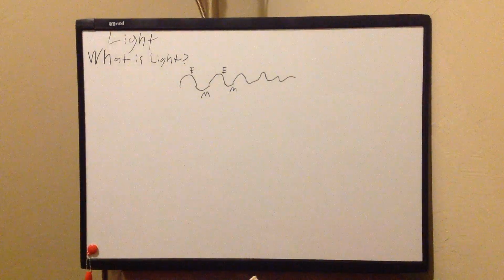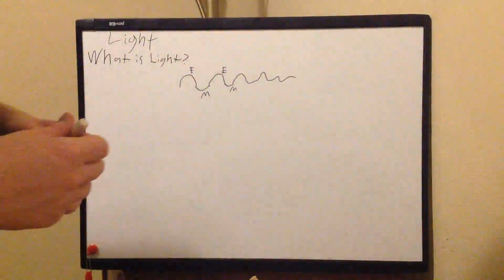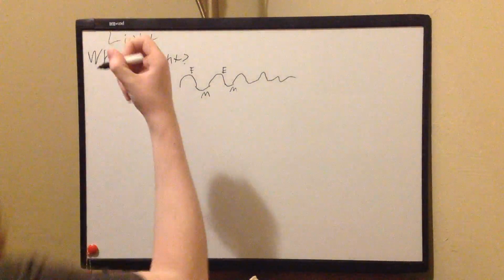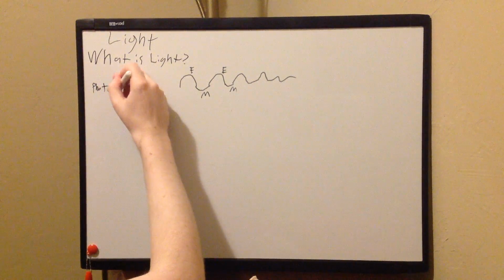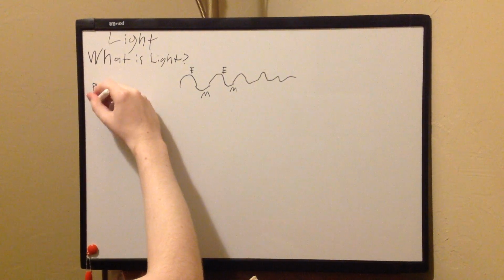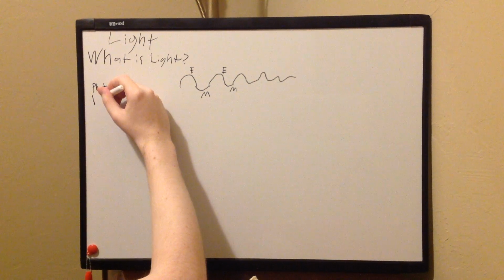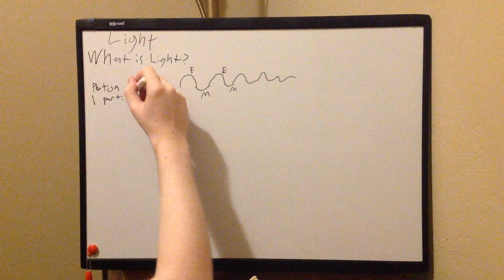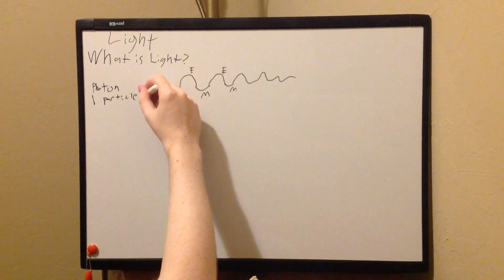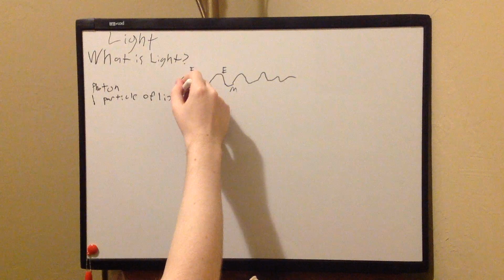However, light can also very meaningfully and accurately be described as a particle called a photon. A photon is especially useful in that it can be thought of as the smallest possible unit of light. You can't have less light than one photon.